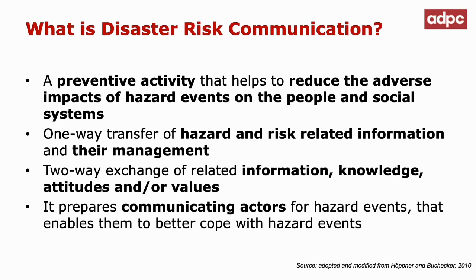Both a one-way transfer of hazard and risk-related information and their management, and a two-way exchange of related information, knowledge, attitudes, and/or values. Preparing communicating actors for hazard events enables them to better cope with the hazard events.